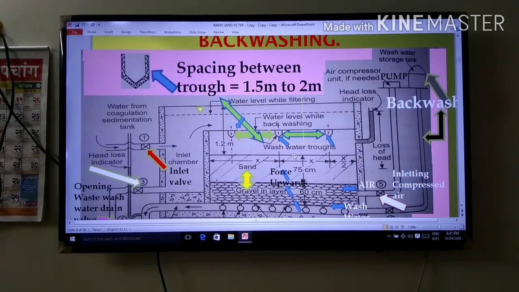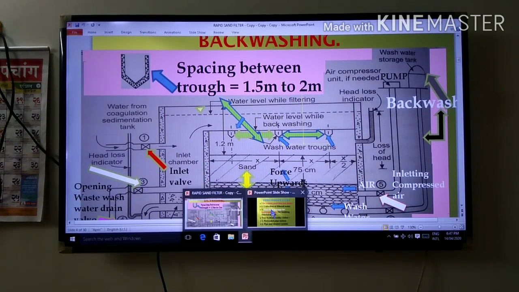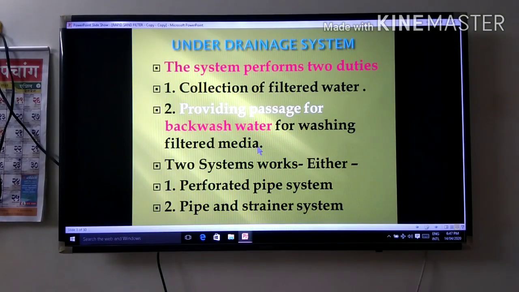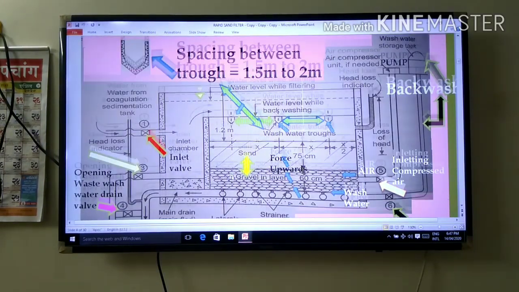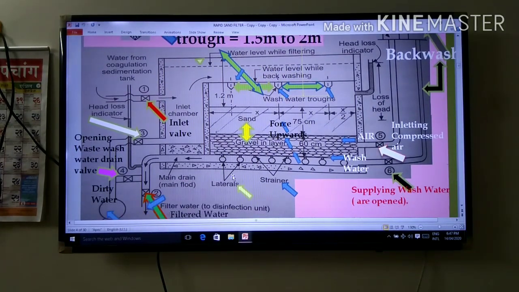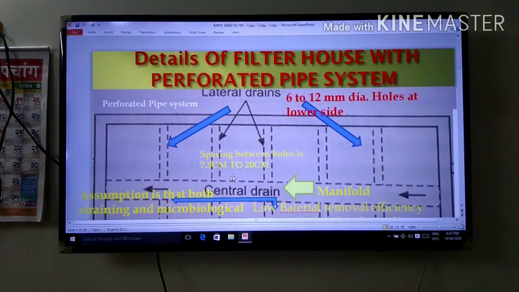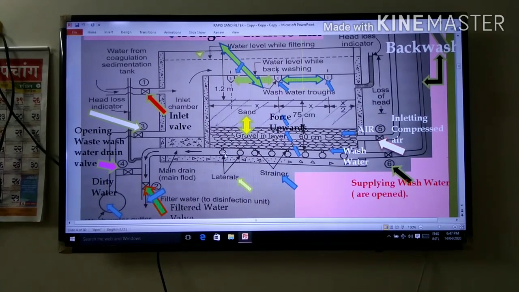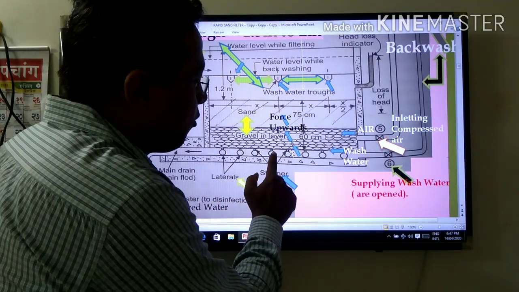So let us see next theory. This is called perforated pipe system. Another diagram is there, I like to show. The below of this figure, laterals are provided. These are circular in section. These are the laterals. 1, 2, 3.